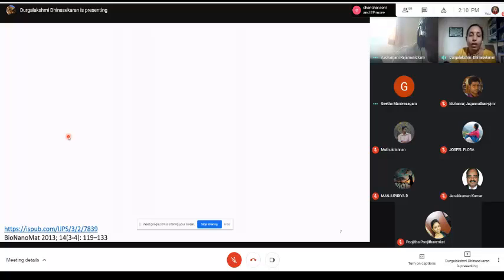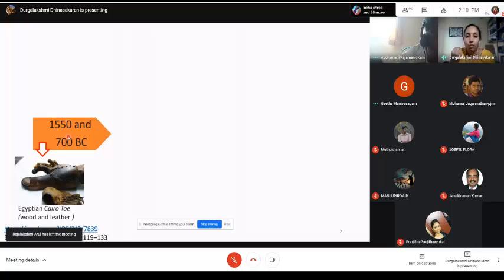Okay, so the understanding of these materials is not new, or the materials used by humans for the betterment of life is not new. It starts before 15,000 BC itself. We have some archaeological evidence, such as this Egyptian Cairo tomb, which is made up of wood and leather.